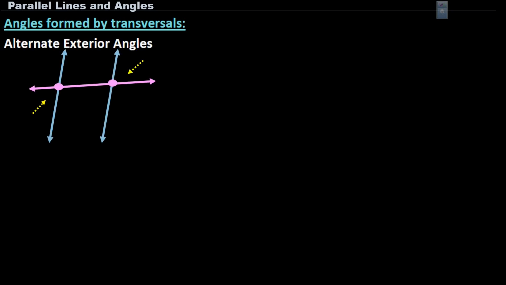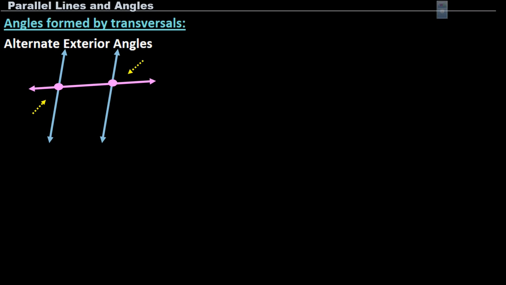The first one, if we see that we have this pink transversal going through these two blue parallel lines, the first type of angle that we can recognize is called alternate exterior angles. The reason why it's called alternate is because they're on alternating sides of the transversal itself. For this example here, one angle is on the top of the pink line, one angle is on the bottom.